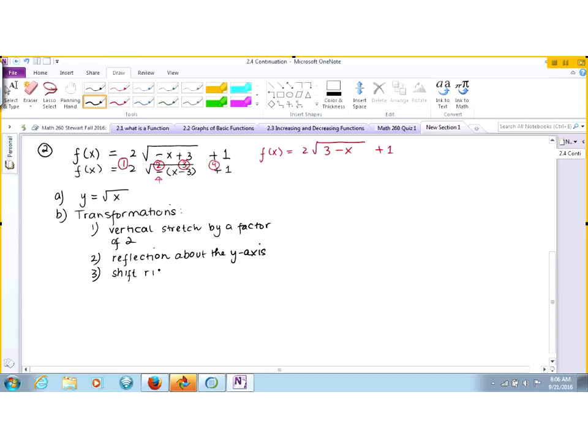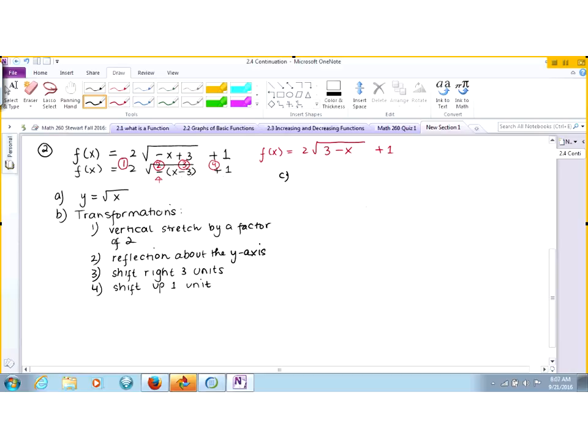That's right. So we just say shift right 3 units. All right. And then +1. Sophie? Yes, shift up 1 unit. You were correct. Good. So we do have four of them, right?